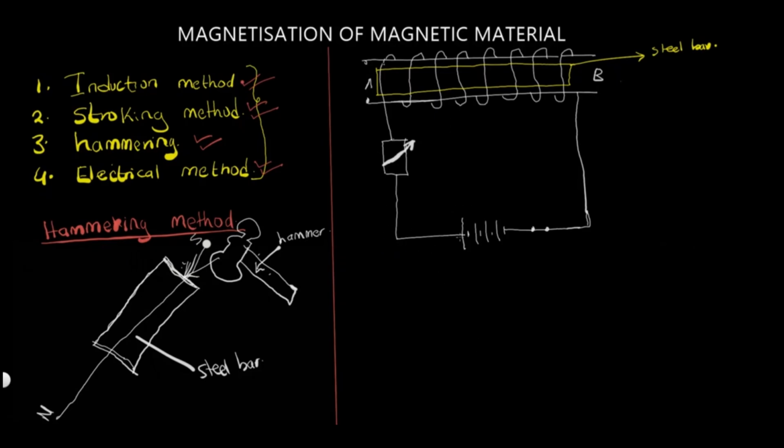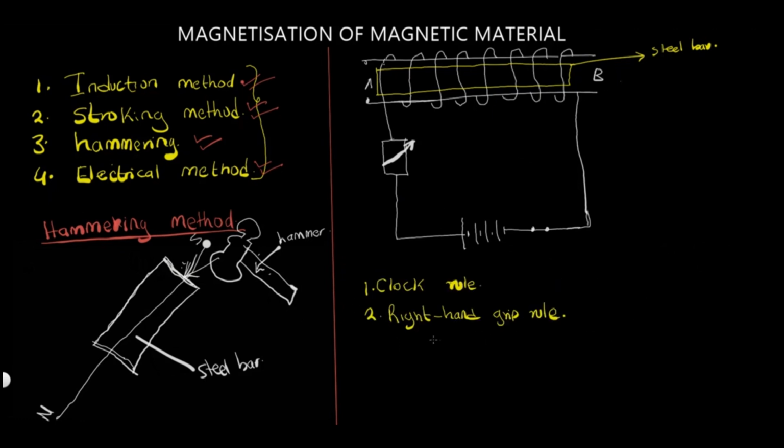If the current flows in this direction, then the polarity will be different than when the current flows from this direction. So we have two methods of identifying the polarity of this magnet: one, the clock rule, and two, the right hand grip rule.